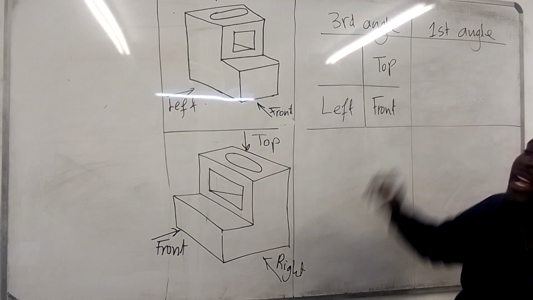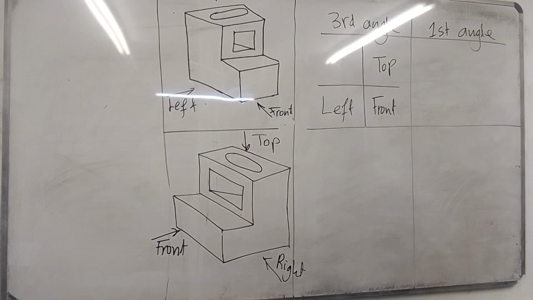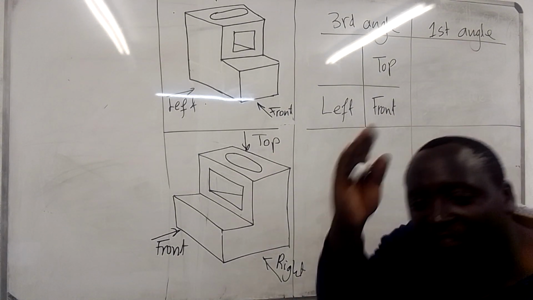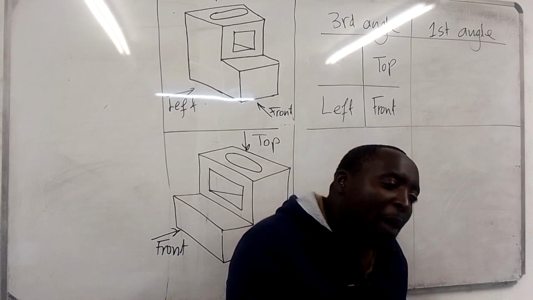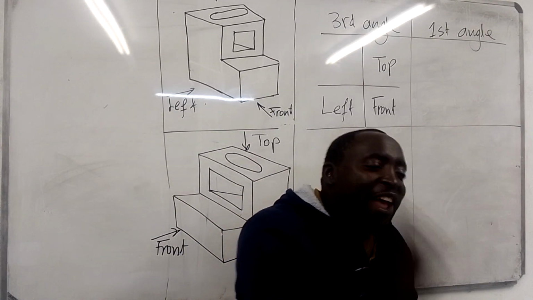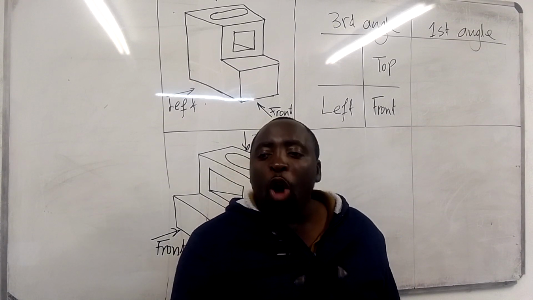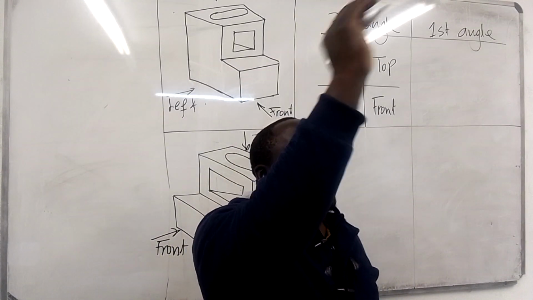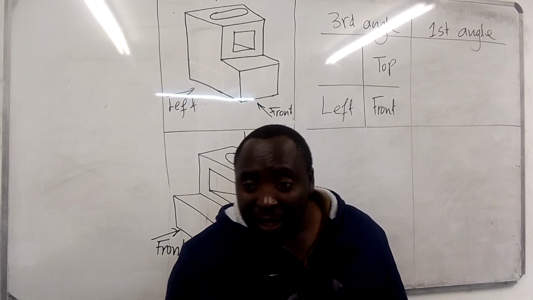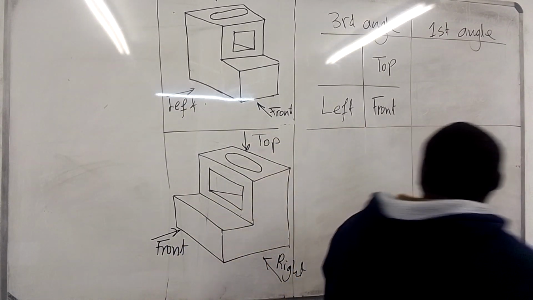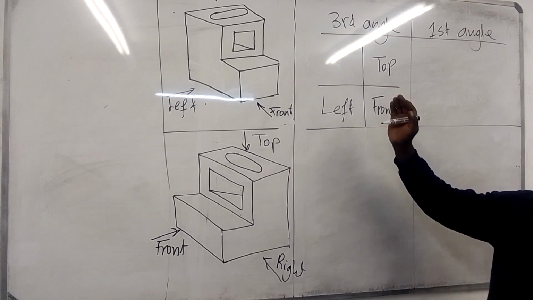Top is always in vertical direction with the front view. Never should you draw it on top of the side view. Never. It is always either on top or below the front view. Are we together? Okay. So this is the arrangement.